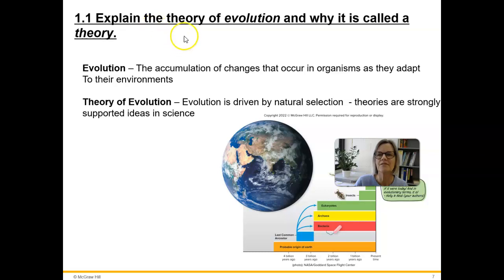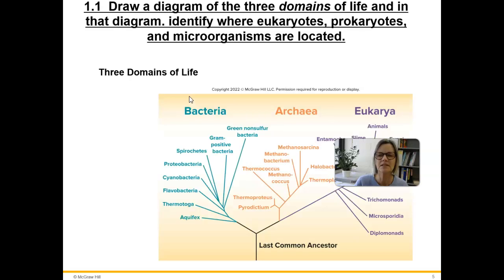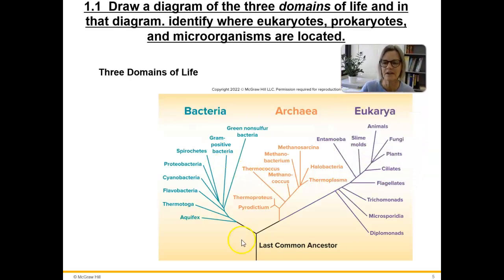Explain the theory of evolution and why is it called a theory? First of all, evolution is the accumulation of changes that occur in organisms as they adapt to their environments. Remember when we looked at this 3 domains of life, I said we had this common ancestor, but something changed, and this was over billions of years, where organisms went from very simple bacteria, and then a branch formed.